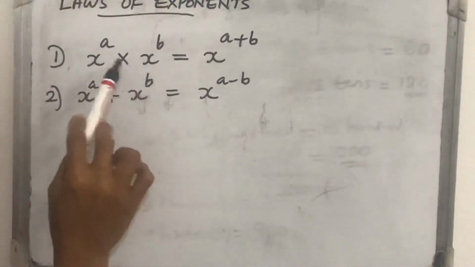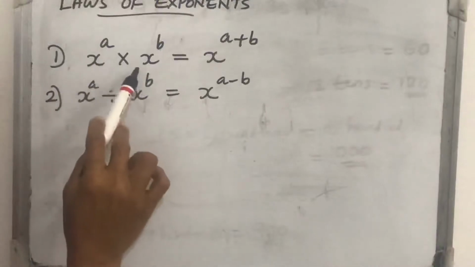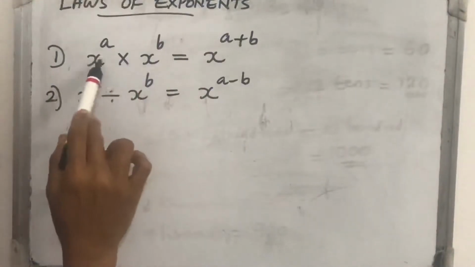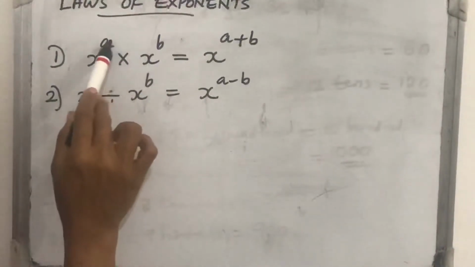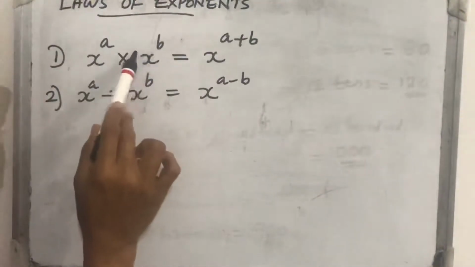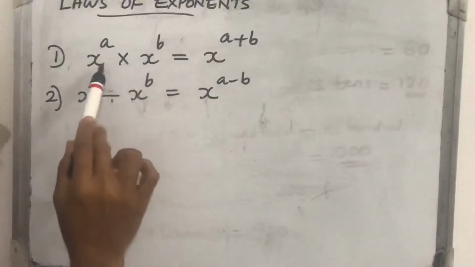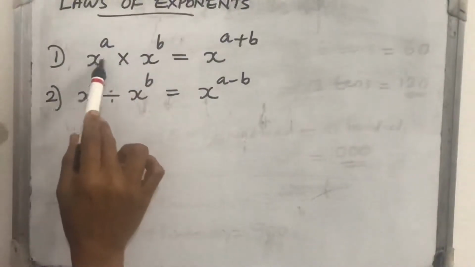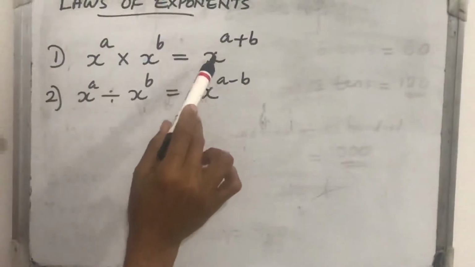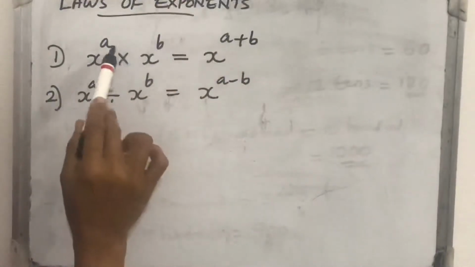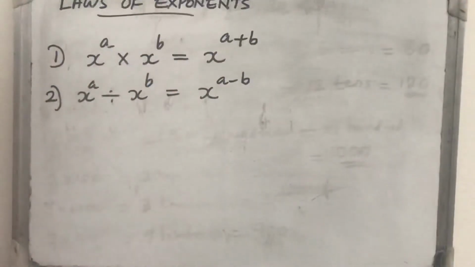And when we multiply two exponent numbers with the same base and different powers, then its answer will be, the common base is what? x raised to a plus b. We add the exponents, we add the powers.